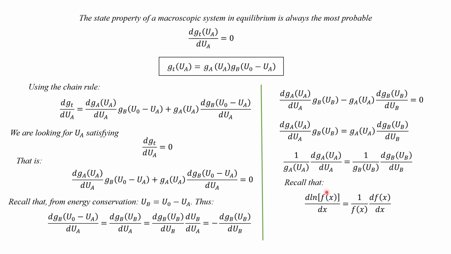And recall from calculus that the derivative of the natural log of a function of x with respect to x is 1 over the function times the derivative of f with respect to x. So we can identify that this term is the derivative of the natural log of GA, and this term is the derivative of the natural log of GB. So using this relation over here, we get this equality.